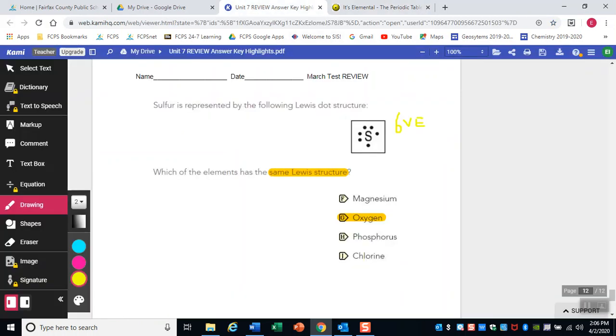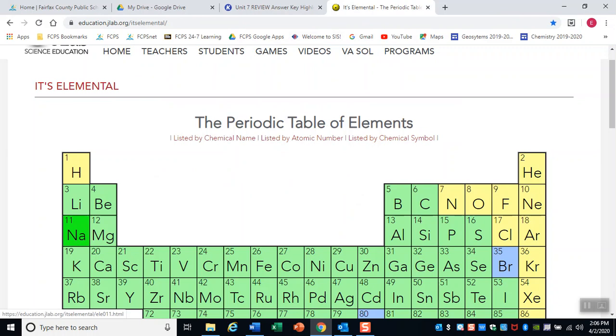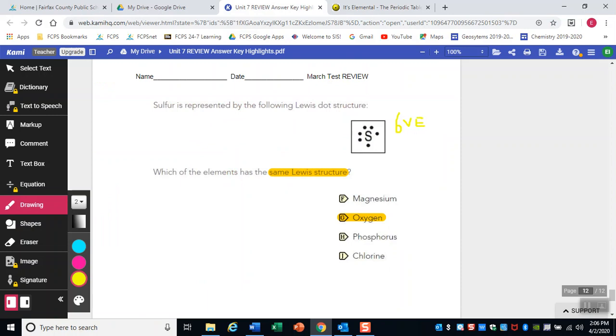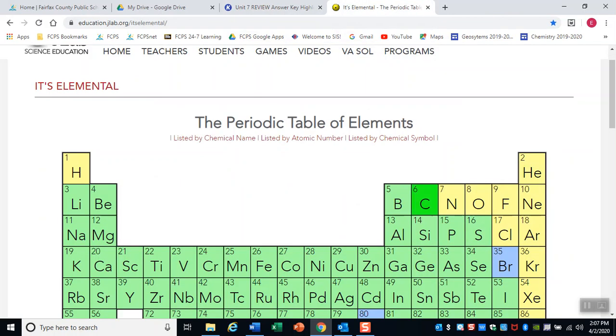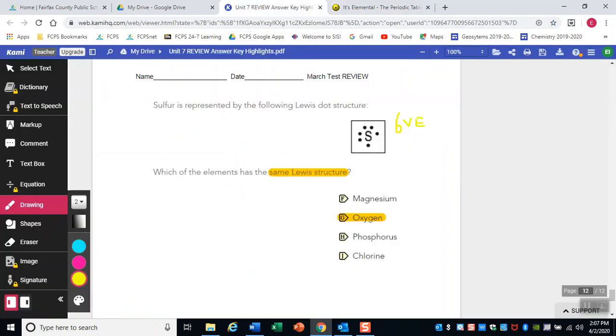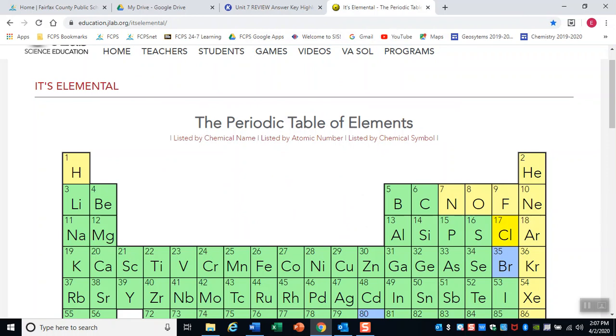If we look at magnesium, it only has 2 because it's in group 2. And phosphorus has 5, right? Same as nitrogen. And chlorine is over here.